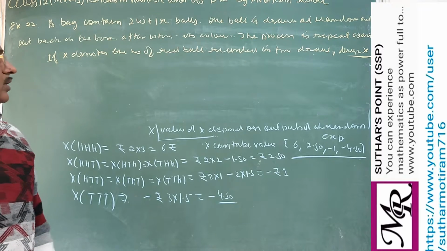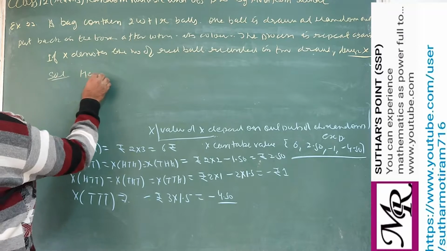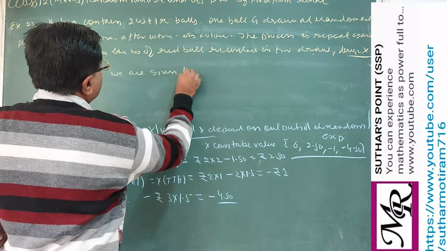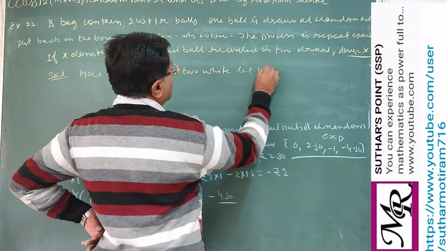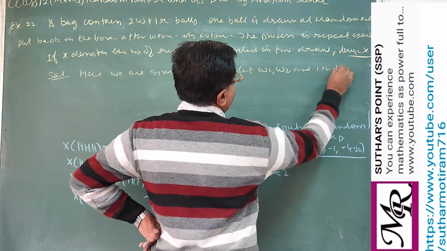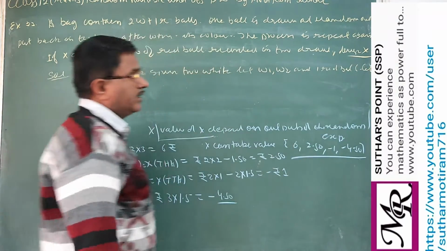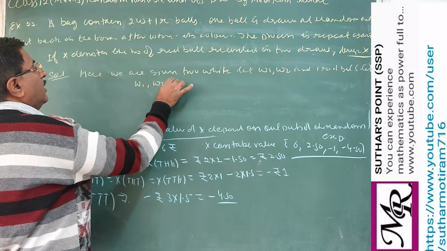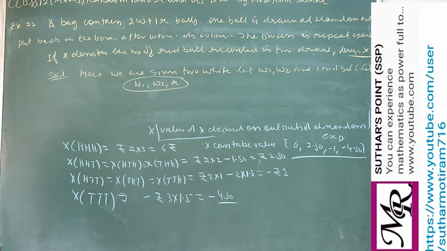So now what are we given in the solution? Here we are given two white balls, let W1 and W2, and one red ball, let R. These three balls are given in the box.